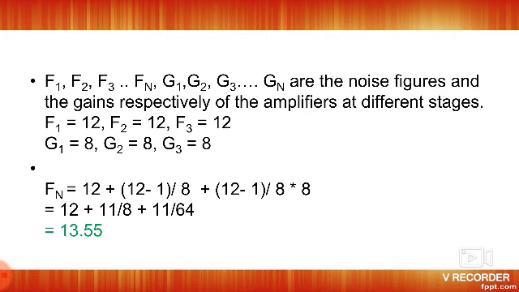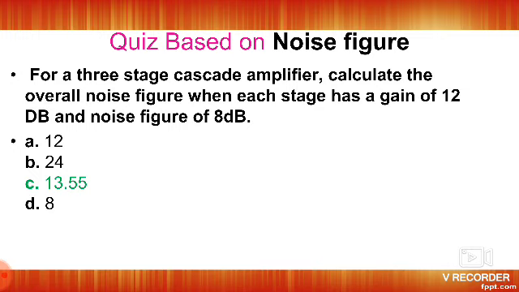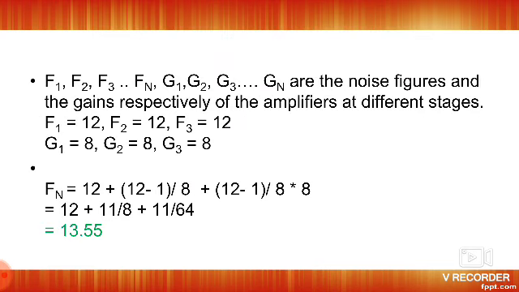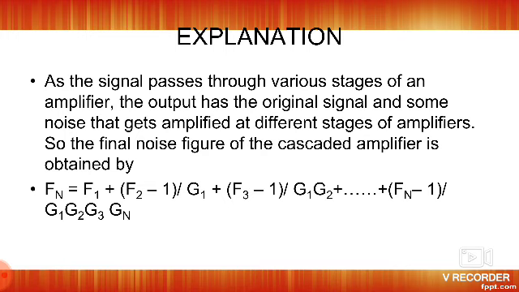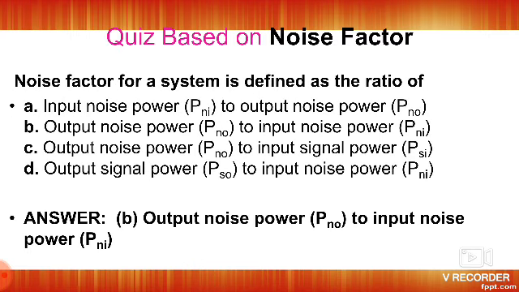For a 3-stage cascade amplifier, each stage has a gain of 12 dB and a noise figure of 8 dB, and all the values are the same for the three stages. Substituting these values in the formula up to 3 stages, we get 13.55.